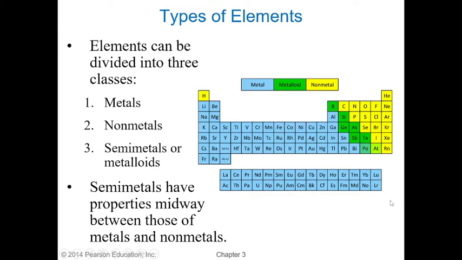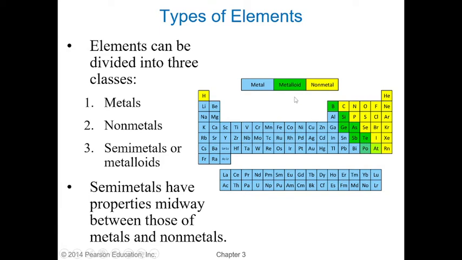If you're familiar with the periodic table, we can distinguish where the metals and the nonmetals are. In this quick picture here, the metals can be found on the left side of your periodic table, and the nonmetals will be on the right side.